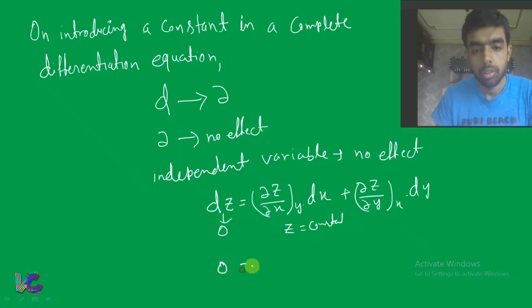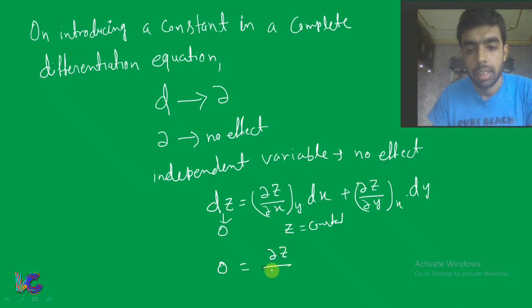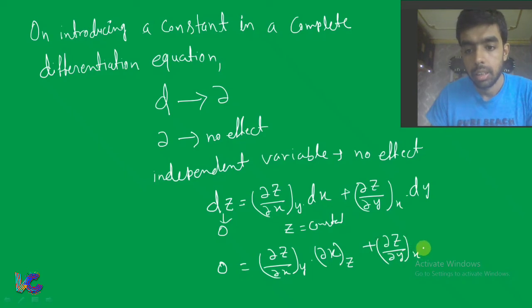Del z del x at constant y remains the same, dx becomes del x at constant z, plus del z del y at constant x, and dy becomes del y at constant z.